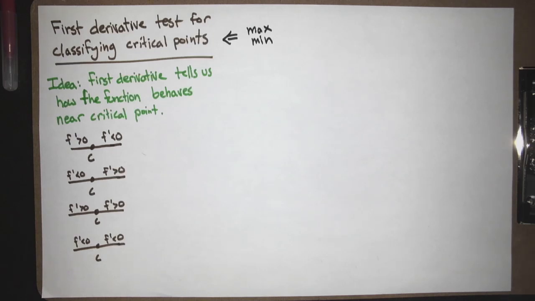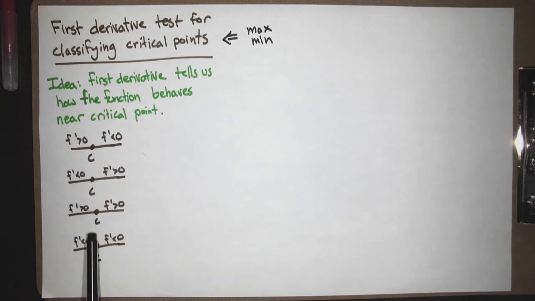But if you have a critical point, you'd like to know what kind it is. Because you might say, oh, this is a critical point. You say, great. But is it where you're making the most money? Or is it where you're making the least money? That's an important distinction you'd like to know. So that comes down to what we call classifying. Okay, so the first derivative test is to say, look at your critical point.